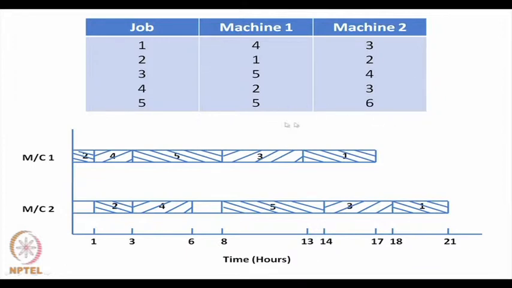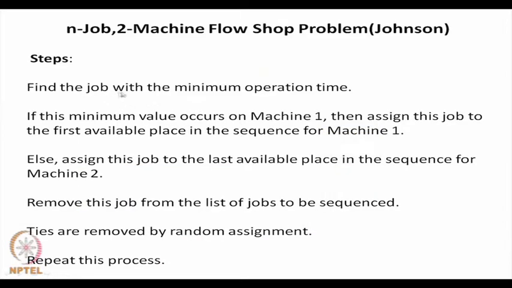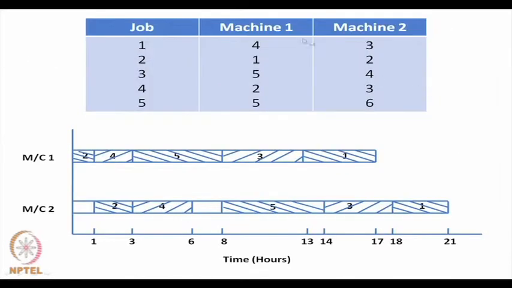Now, the algorithm says find the job with the minimum operation time. The minimum operation time is 1, and 1 appears in machine 1 for job 2. So, assign job 2 to machine 1 because its operation time is the least among all. Once assigned, take it away from the list. We have 1, 3, 4, 5 left.